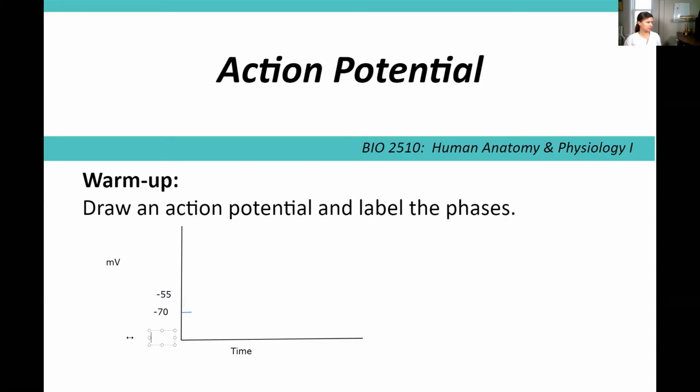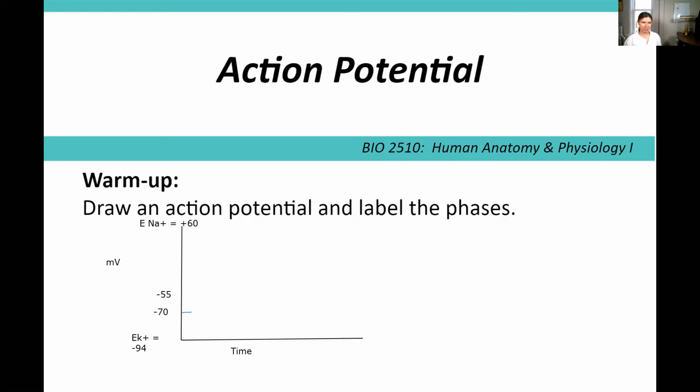So our equilibrium potential of potassium would be down here, about -94. And our equilibrium potential for sodium would be somewhere up here, about +60.